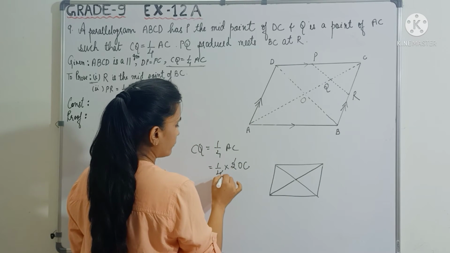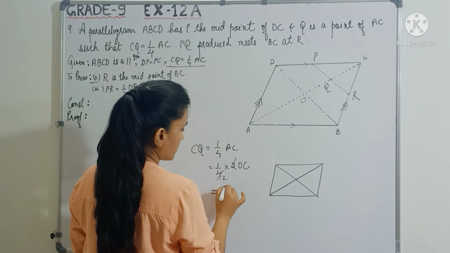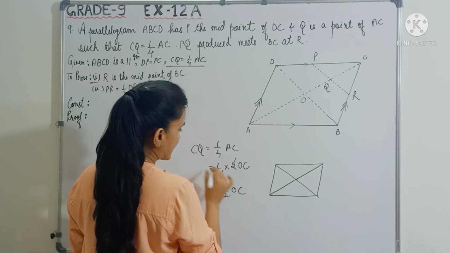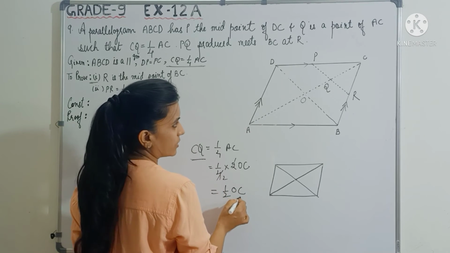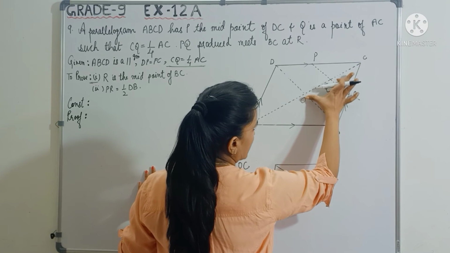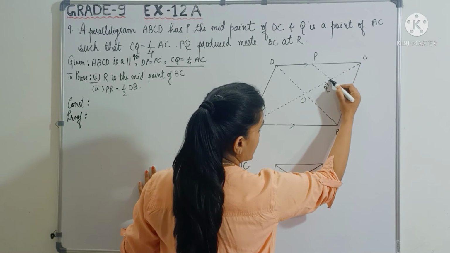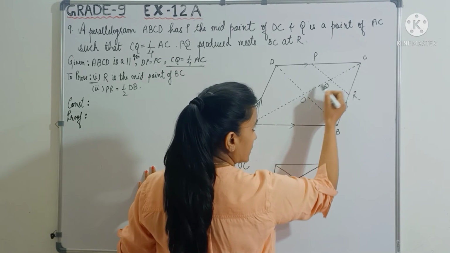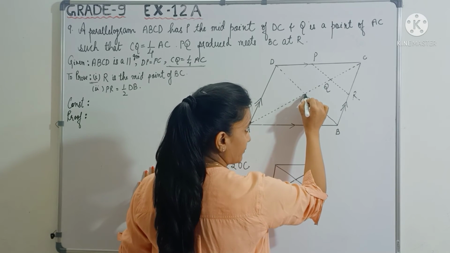Now here 2 and 4 get cancelled, so you get 1/2 OC. It means that CQ is half of OC. So can I say that Q is the midpoint of CO, right?